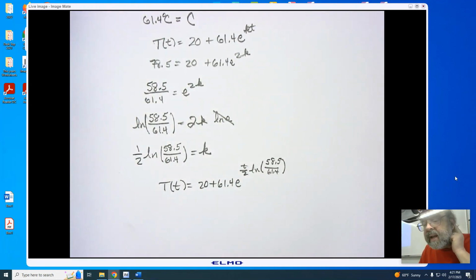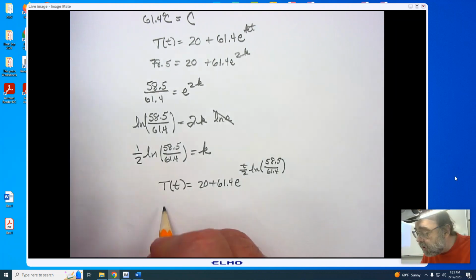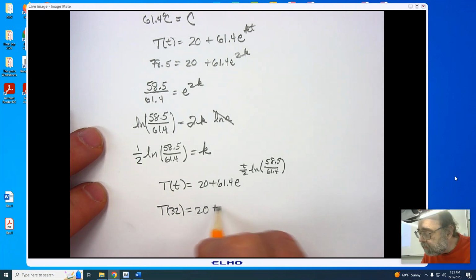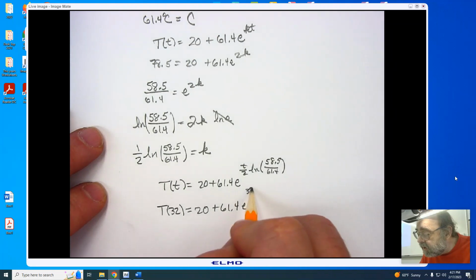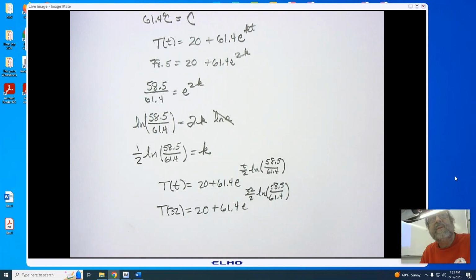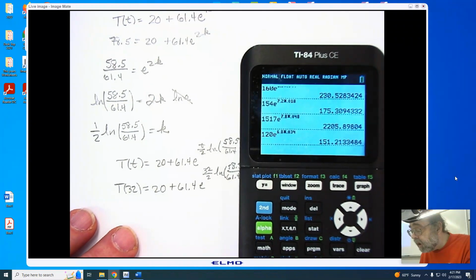It is with this that I can now plug in the 2 minutes plus the 30 minutes for a total of 32 minutes from the time we began. I'm just going to plug this in, and with the 32 divided by the 2 natural log of the 58.5 divided by 61.4, I can now find my answer, and all I'm going to do is plug this directly into the calculator.